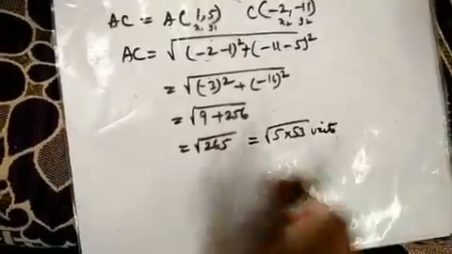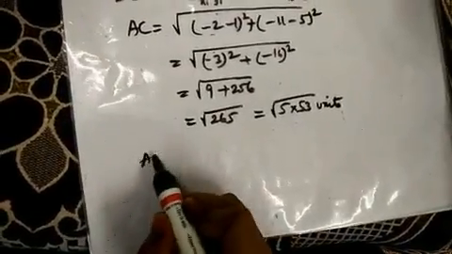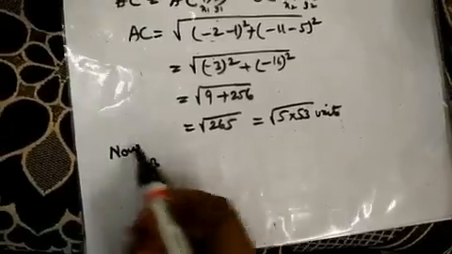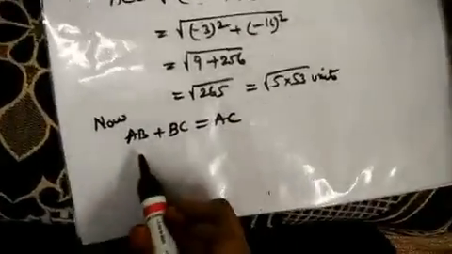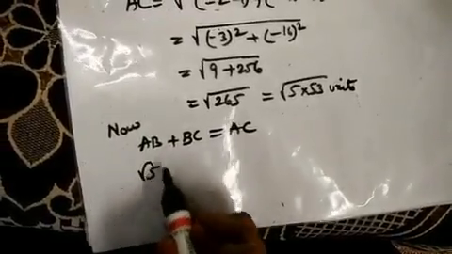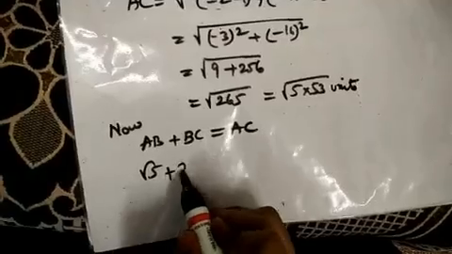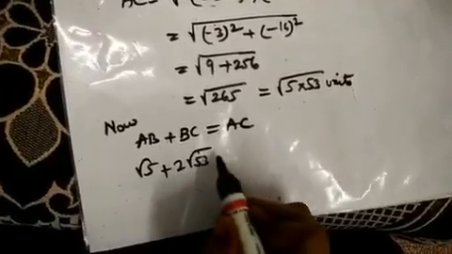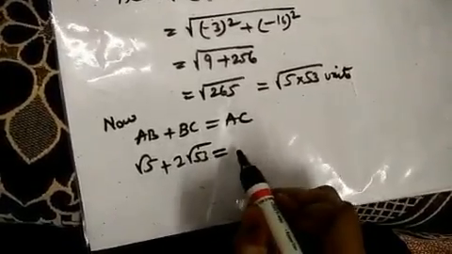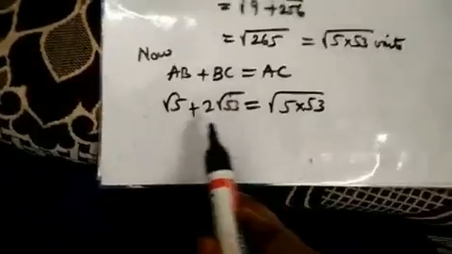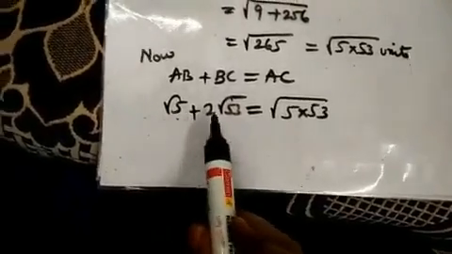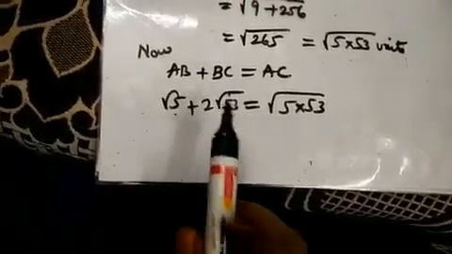Okay. Now I am coming back to the condition. AB plus BC should be equal to AC we said. What is AB we got? Root 5 plus root 2 into 53 is equals to root 5 into 53. Are you seeing here? It is a root 5 term. It is root 53 term. You can't add first of all.